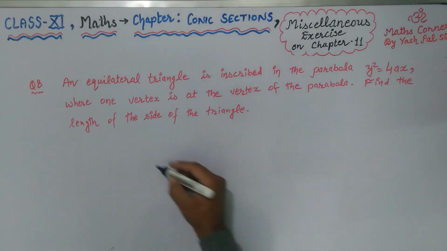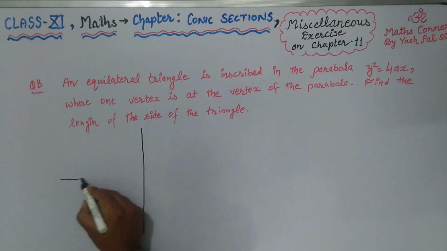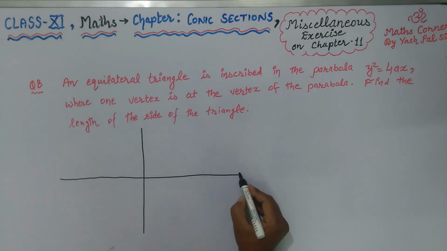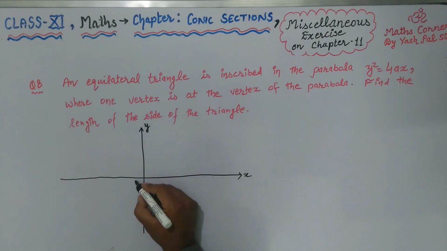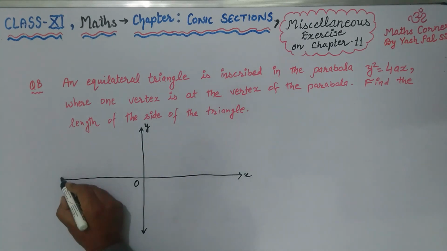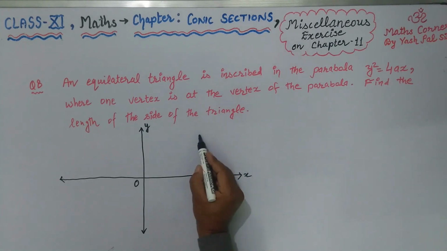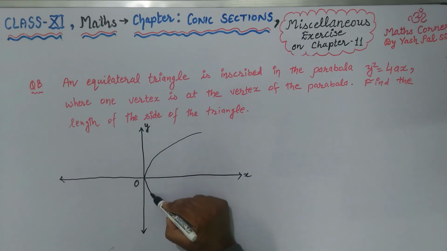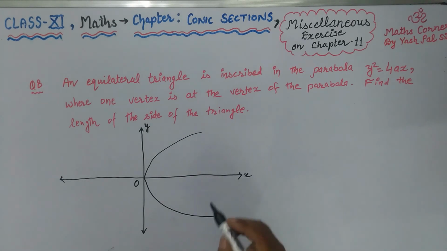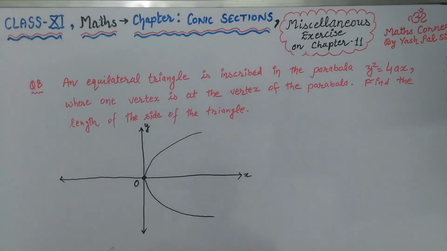So firstly, what is the diagram? We have the coordinate system of axes, x-axis and y-axis, at the origin. What is the case? y square is equal to 4ax, a right-handed parabola like this. This is the parabola. So here the triangle is formed like this.